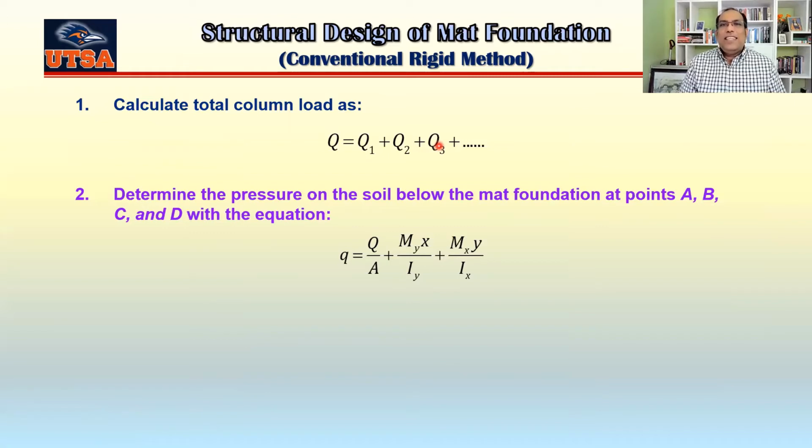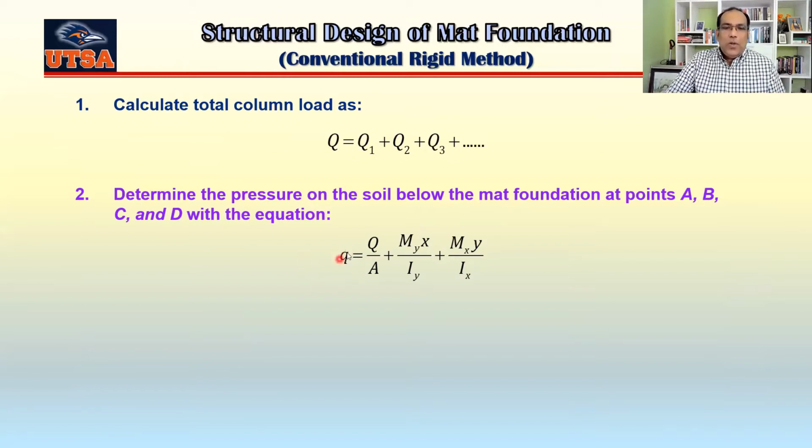Since the column load varies from column to column, if you find the resultant force and its location, most of the time you will see it is not aligned with the center of the foundation. So that creates some eccentricity. You have eccentricity in the x direction, and you can have eccentricity in the y direction.